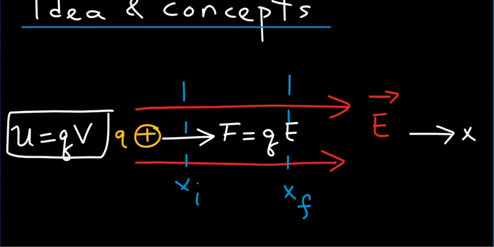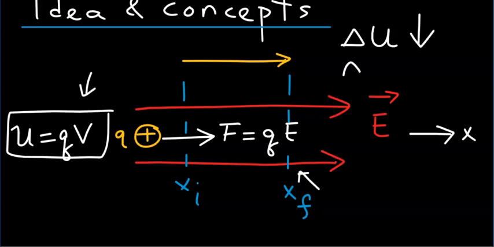When an object moves in a field, its potential energy will naturally decrease. So when this charge moves from this point to that point, what happens to the electric potential energy? It goes down. Or we say the change in electric potential energy of that charge is negative.